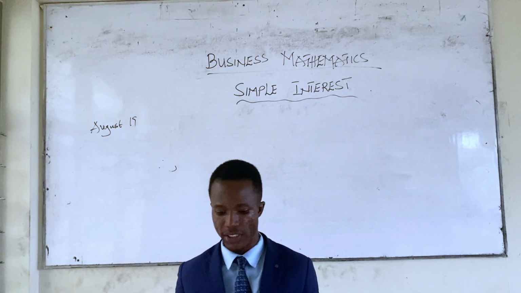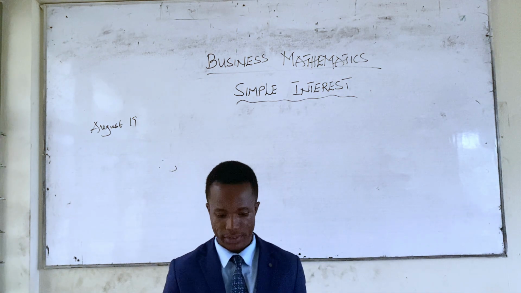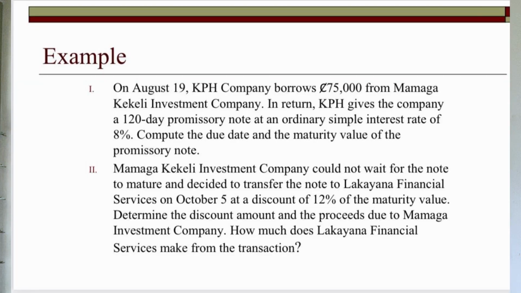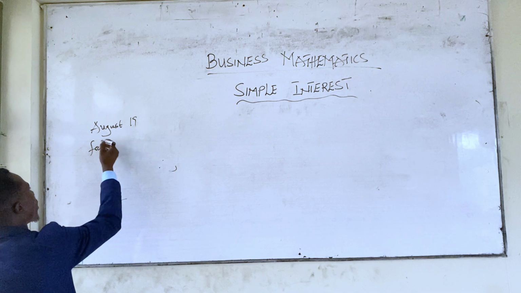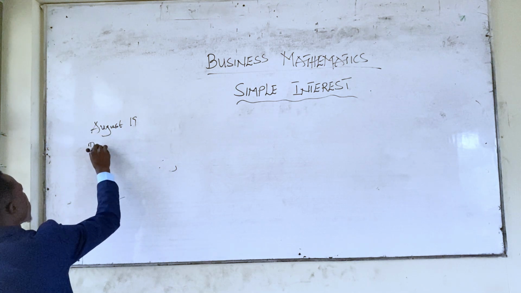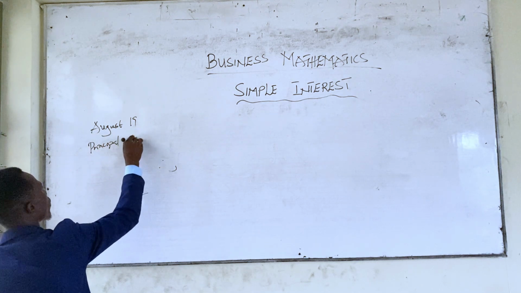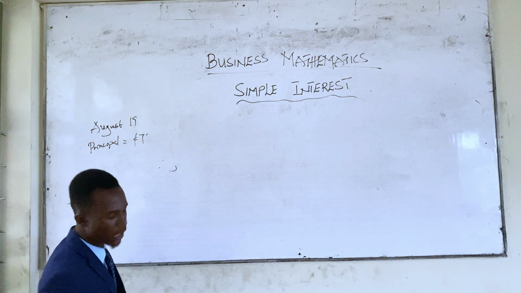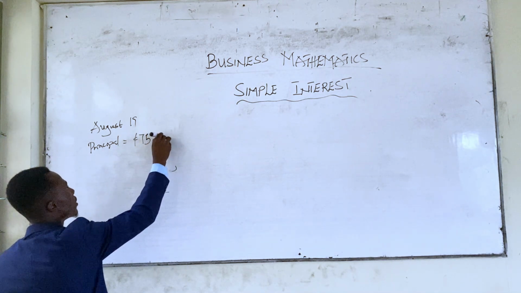KPH company borrows 75,000 from Mamaga Kekeli Investment Company. In return, KPH gives the company a 120-day promissory note. So the KPH company borrowed how much? We say the face value or the principal. The principal is 75,000.